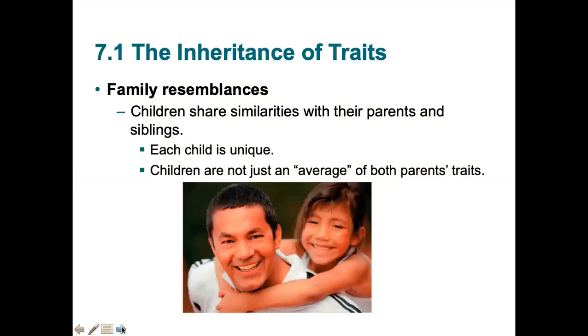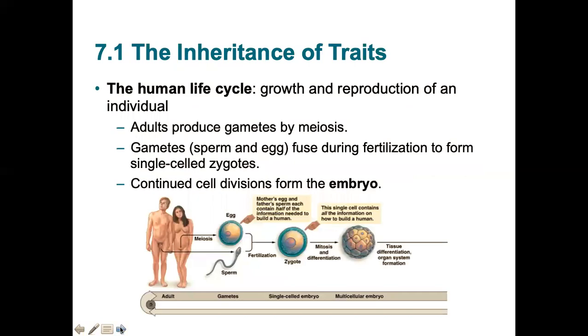So the inheritance of traits, again, we're posing the question, are we basically copies of our parents? And we're not. Certainly children are going to share similarities because they're getting their genes from the same gene pool, but each child is unique, and it's definitely not a copy of parents, and it's not an average of both parents.